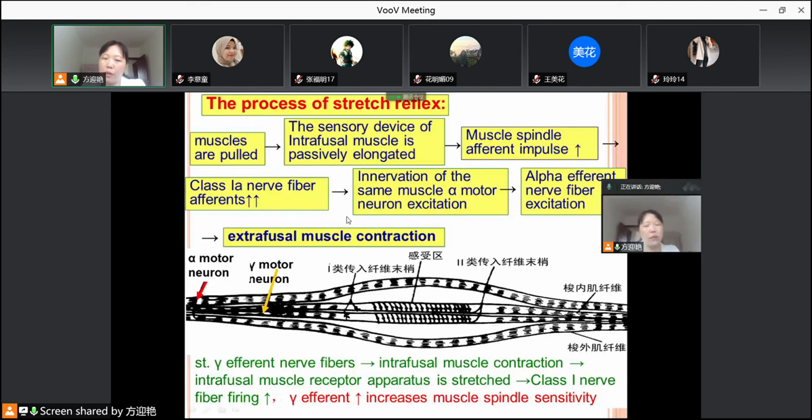So here is the process of the stretch reflex. I hope you understand that first it includes the reflex arc, the afferent nerve fiber, the class 1, the alpha motor neuron, and then the actual muscle contraction. This process, understand?